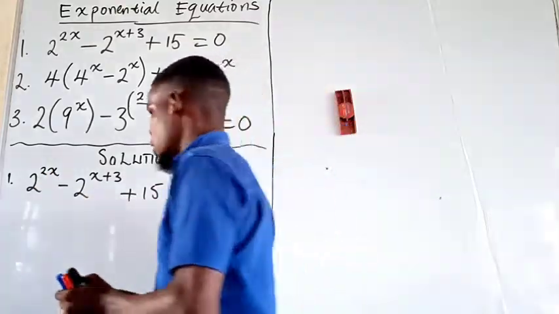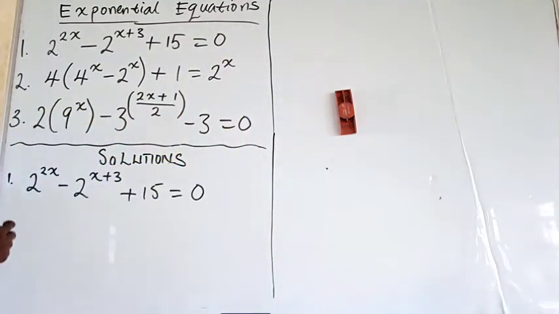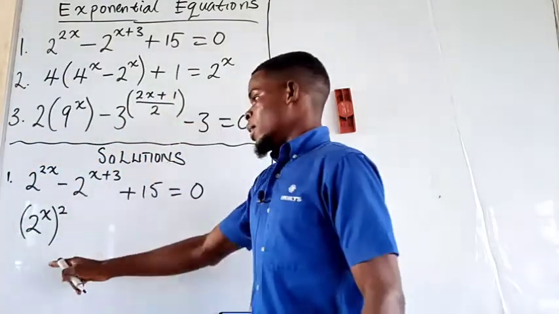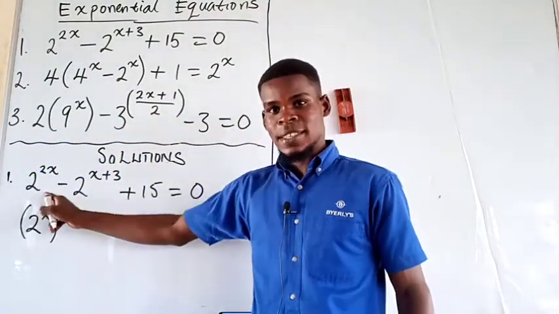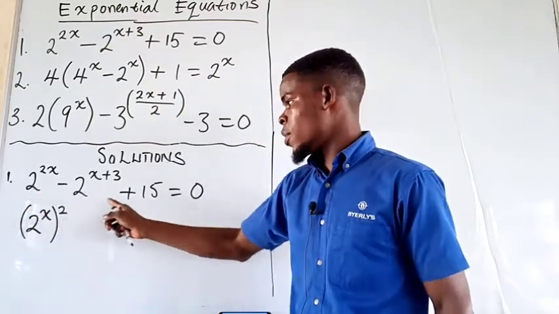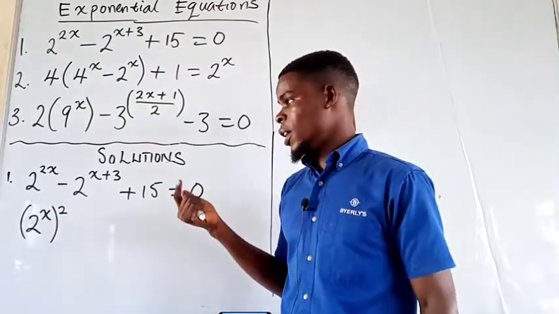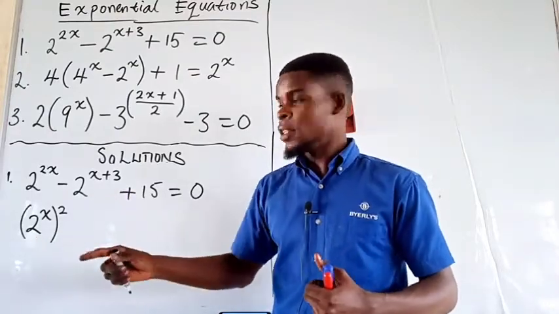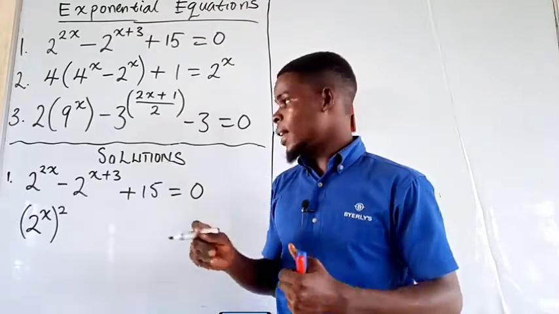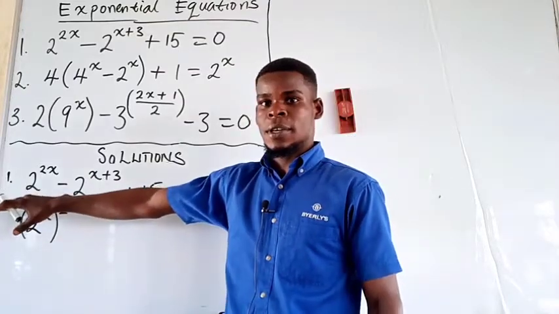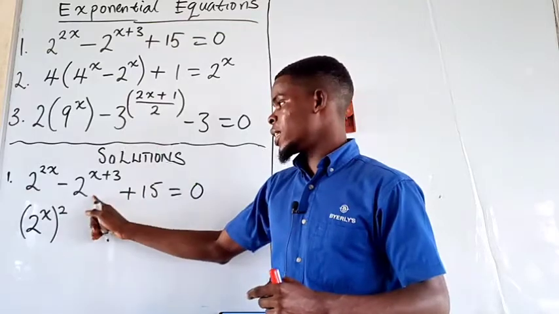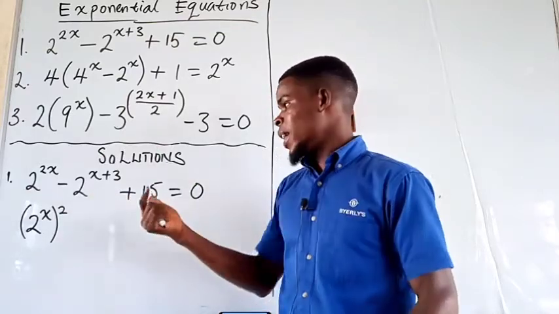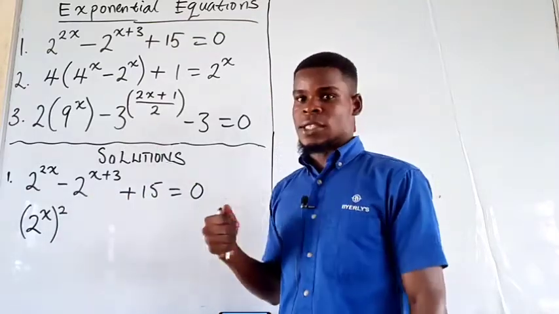Now, this here can be rewritten in another form. I can write this as 2 to the power of x, and I raise that to power 2. The reason is that I have seen that this can be written as a quadratic expression on the left-hand side, where we can have a term to power 2, the other term to a single power, and a constant term, and we equate it to 0.